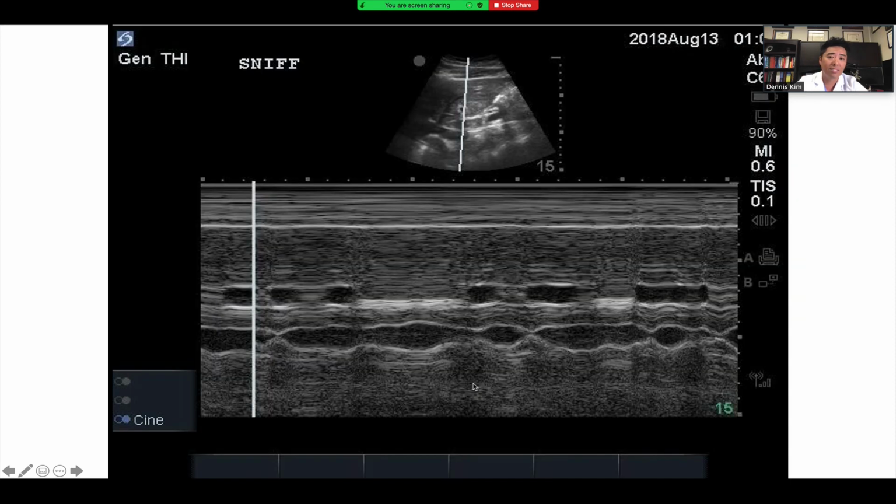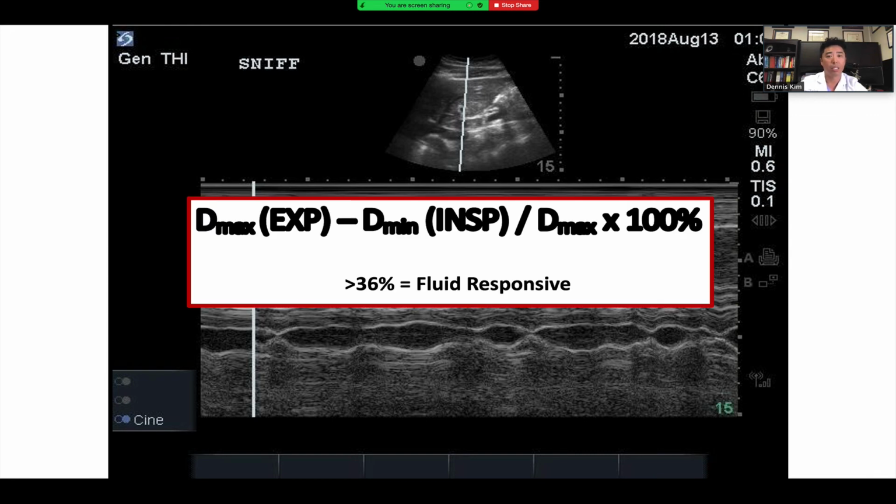Now, this isn't exactly the most accurate way of assessing fluid responsiveness. And here's an example of M mode where we have a patient sniff, and you can see that this is the IVC, that when they sniff, there's significant collapsibility to that IVC. The opposite applies when someone's on a positive pressure ventilator, whereby we're looking for IVC distensibility.